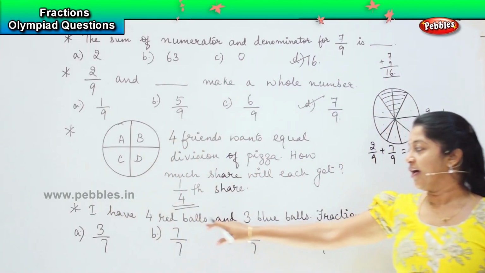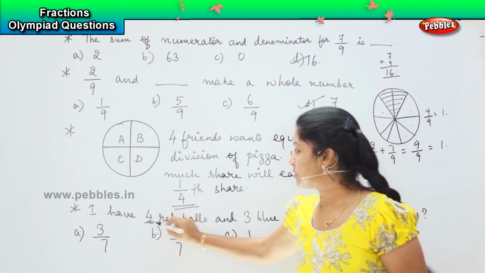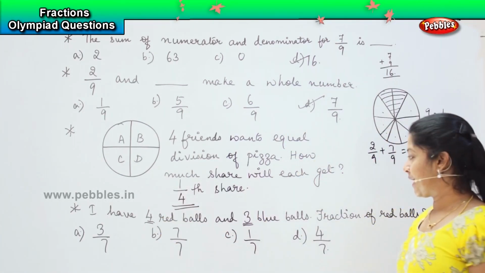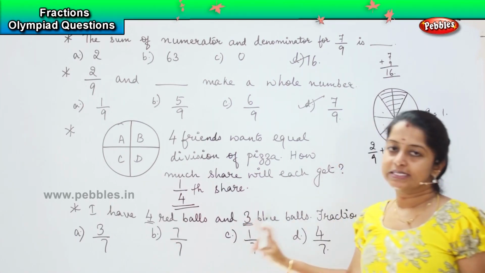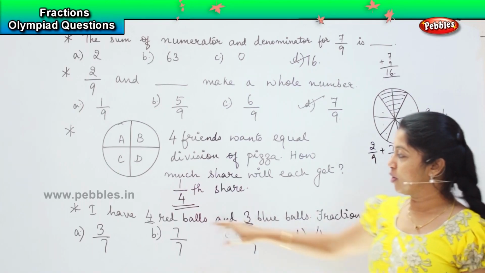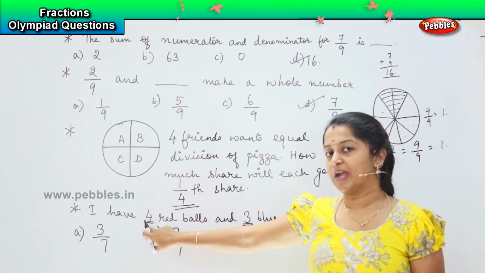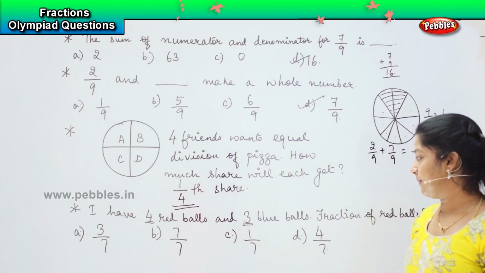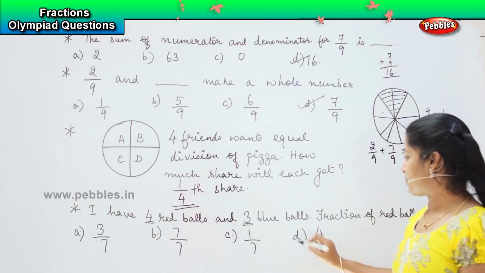I have 4 red balls and 3 blue balls. So totally how many balls do I have? 4 plus 3, 7. Right. So what is the fraction of red balls? Red balls is 4, so it should be 4 by 7. So where do we have 4 by 7? The last option.